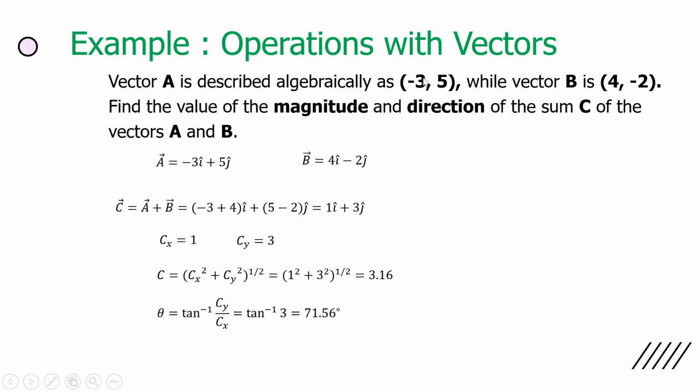So note that negative 3 here is the x component of vector A, and 5 is the y component of vector A. Likewise, vector B can be written as 4 i hat minus 2 j hat, noting that 4 is the x component of vector B, and negative 2 is the y component of vector B.